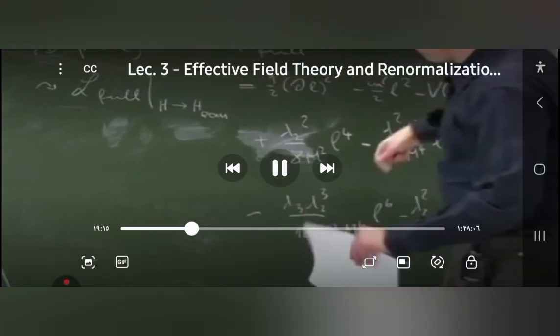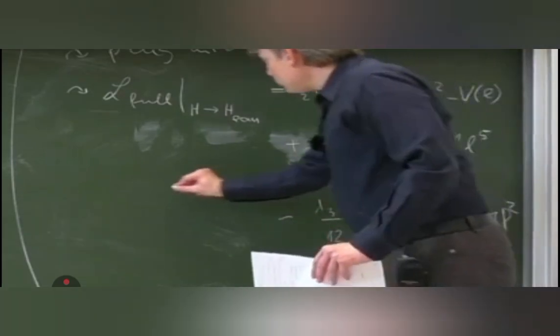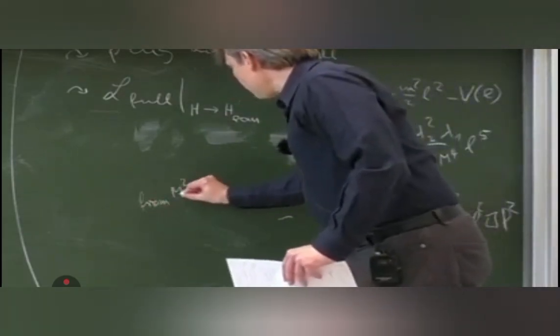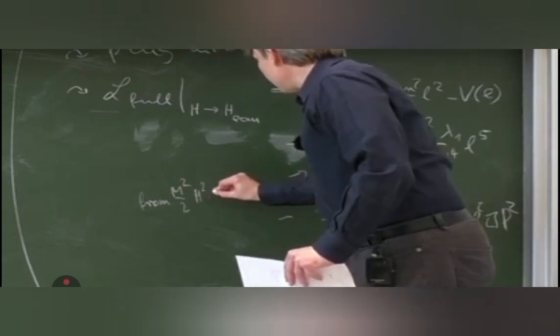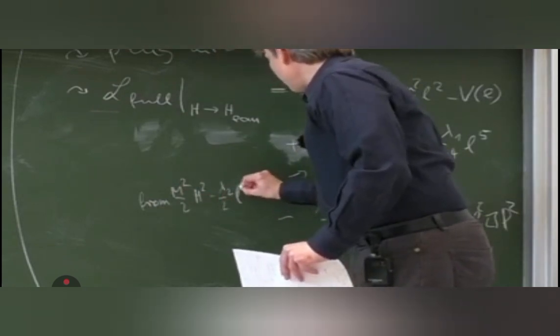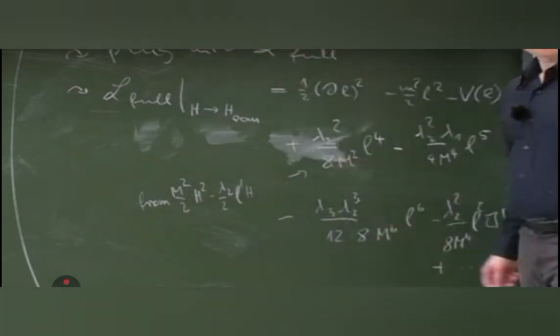So just as an example, this comes from the M squared over 2 H squared minus lambda 2 over 2 L squared H terms. And similarly, all the other terms arise if you plug in the same solution into all the other terms in the Lagrangian. The important observation that we have made is that the result is the same.